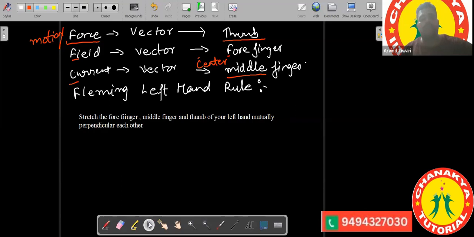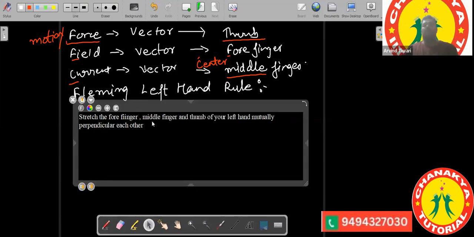Stretch the forefinger, middle finger and thumb of your left hand mutually perpendicular to each other.